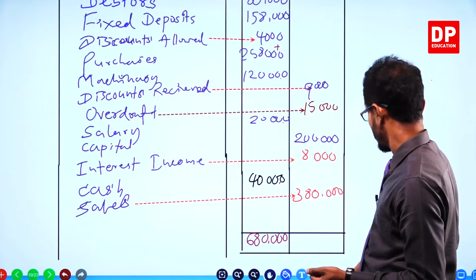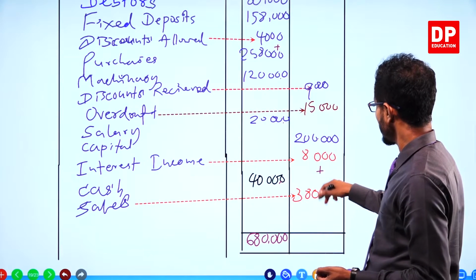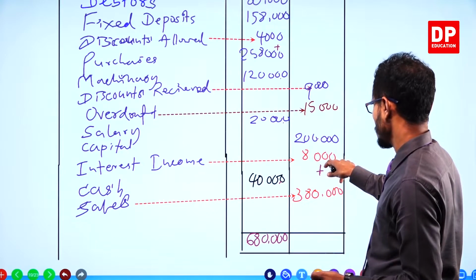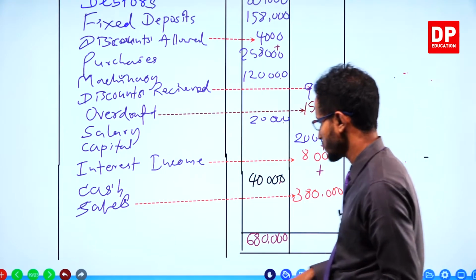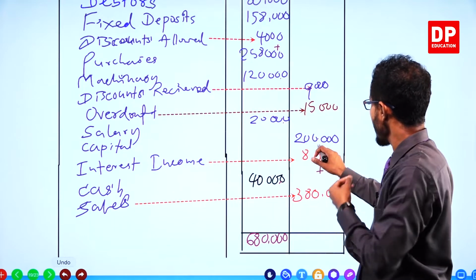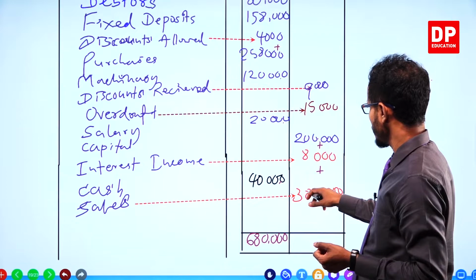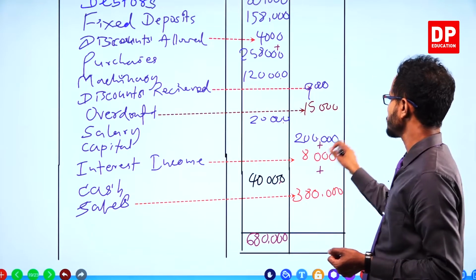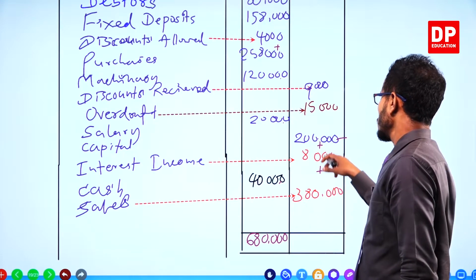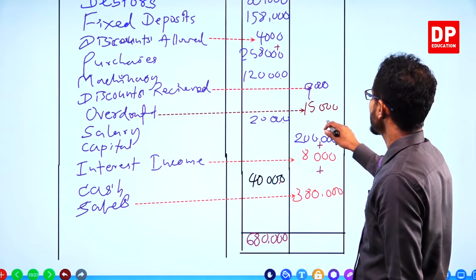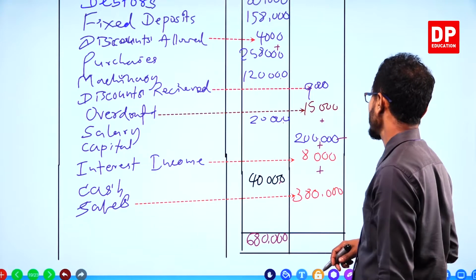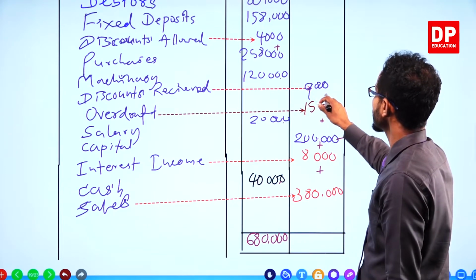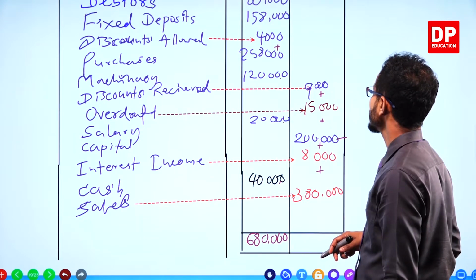380,000 plus 8, 388,000 plus 200,000 here. 588,000 plus 15,000. 603 plus 9,000. 612,000.